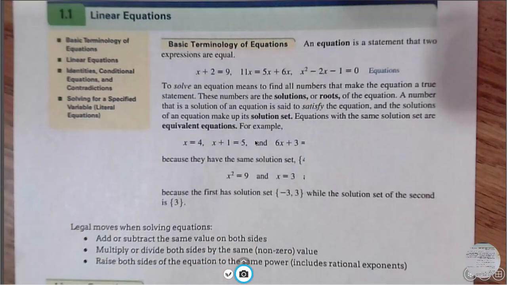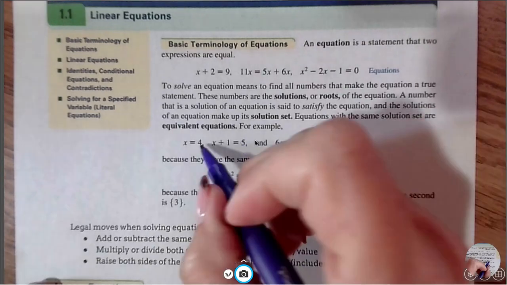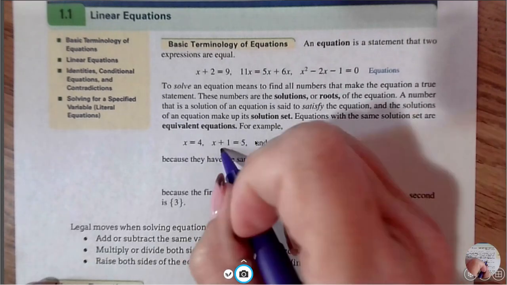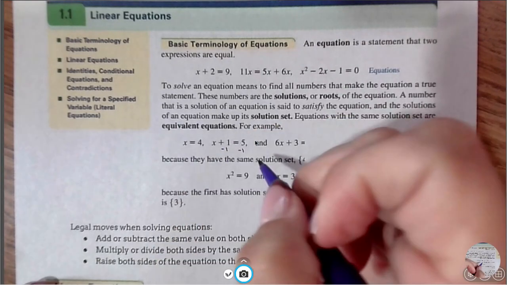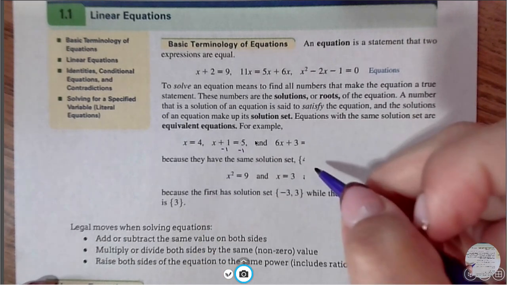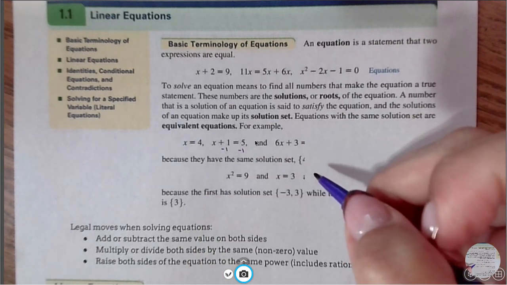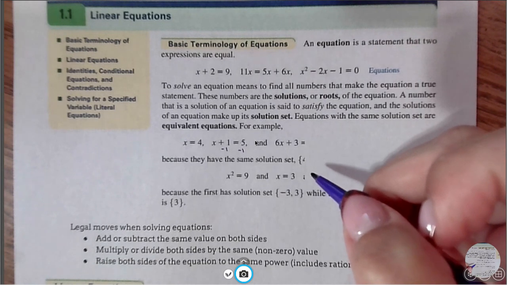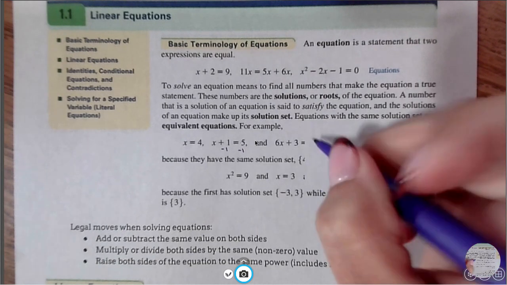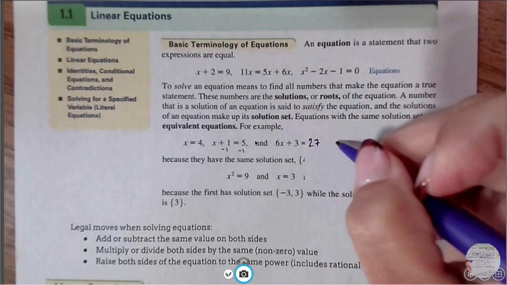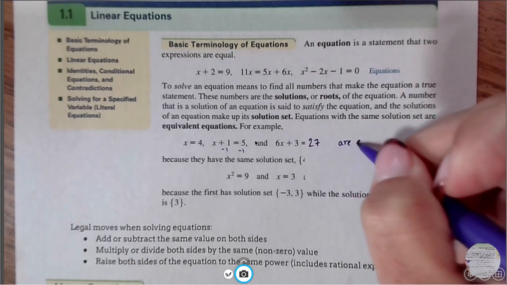x plus 1 equals 5 is equivalent to x equals 4 because if I subtract 1 from both sides, I get x equals 4. And 6x plus 3 equals 27. These are all equivalent equations.